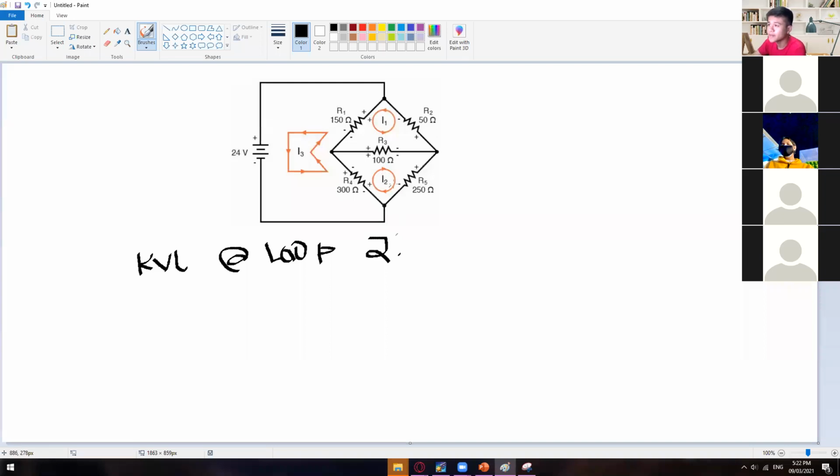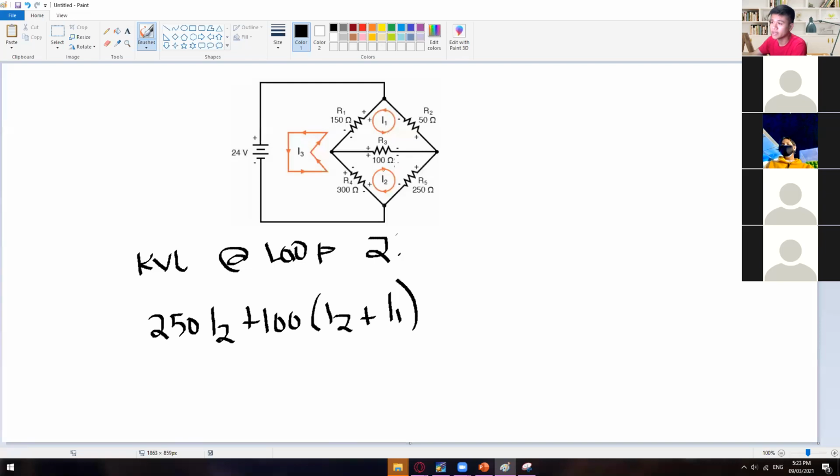So right here, let's start with 250 for now. We have positive 250 times I2, and then plus 100 times I sub 2. As you can see here, they have the same sign, so plus I sub 1. You have to consider the current flowing on this component.